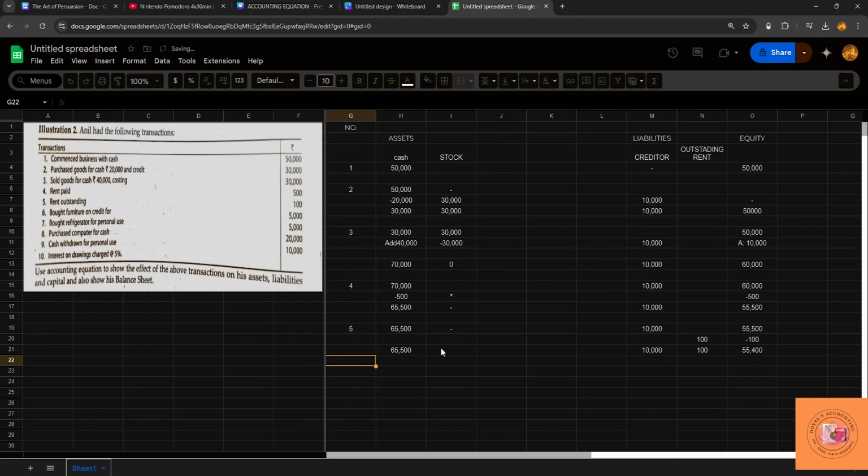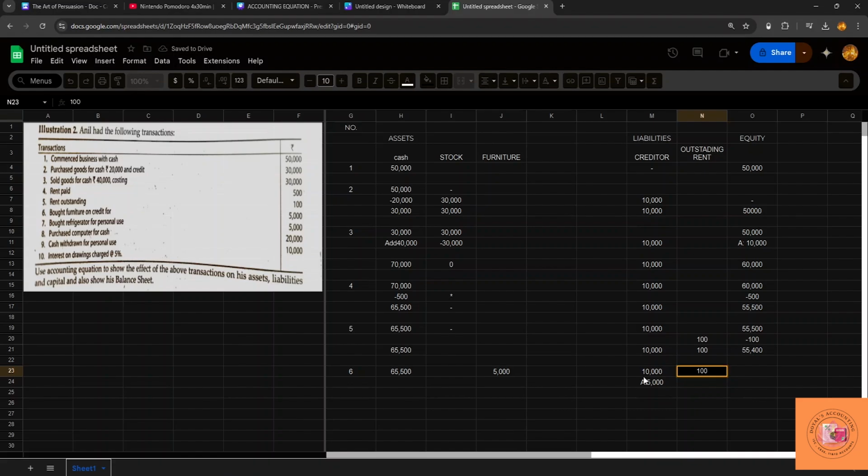Okay. So transaction 6. Now you have bought furniture on credit for rupees 5,000. So furniture is an asset to the company. We will create a new asset. 65,500 cash. We have purchased this furniture on credit, right? So under furniture column we will add 5,000, and under liabilities creditors we will add another 5,000.